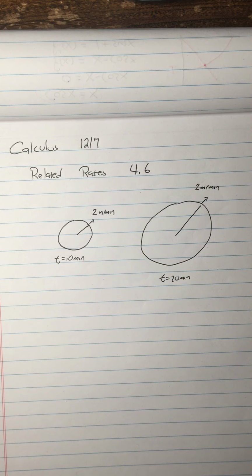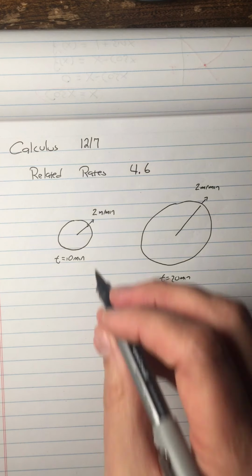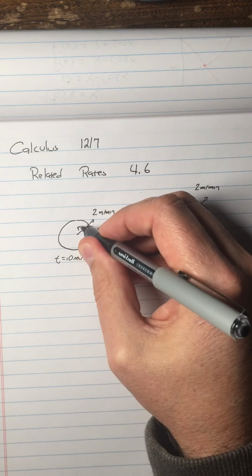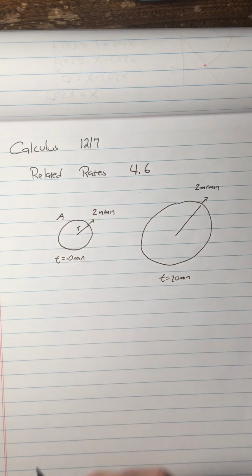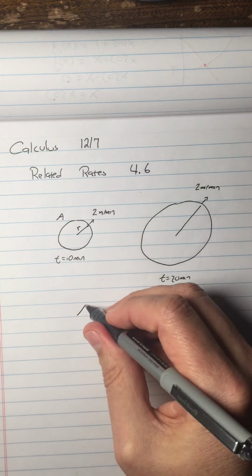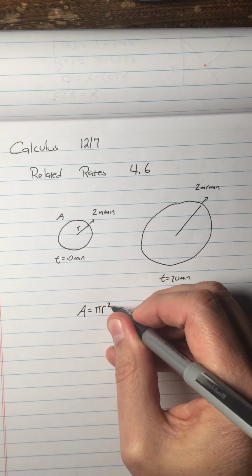Well, it's not. The area is not expanding at a constant rate. So the radius is expanding at a constant rate, but the area is not. Here's how we handle questions like this. We start with an equation that relates the radius and the area. I know that the area is equal to pi r squared.